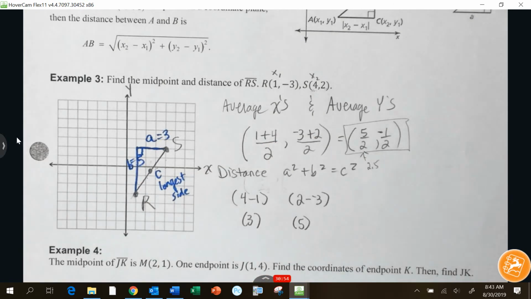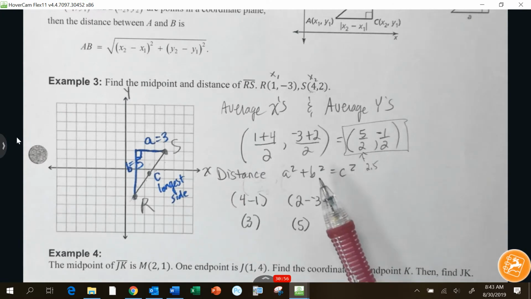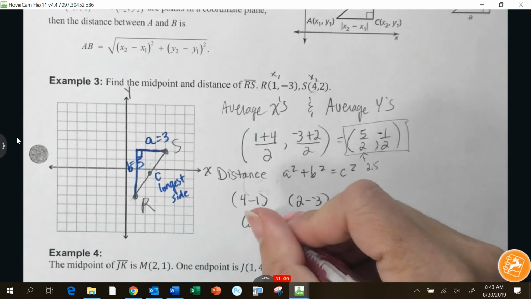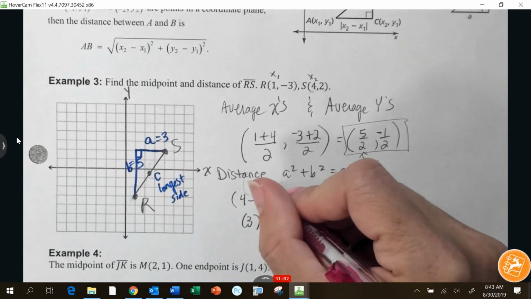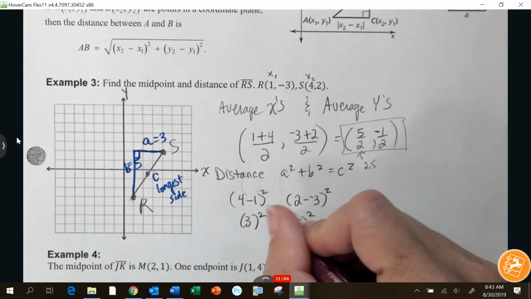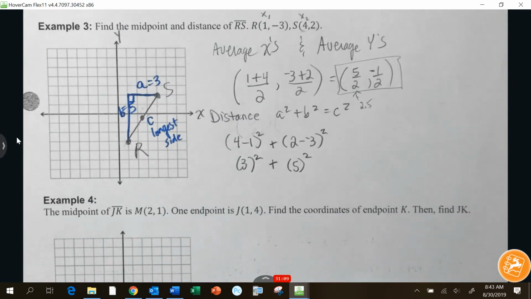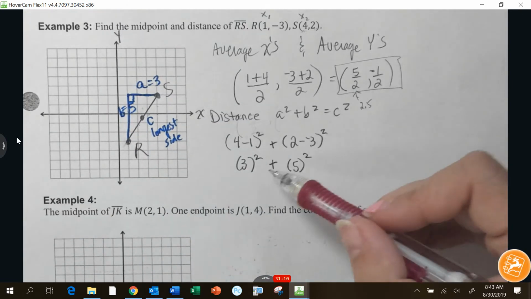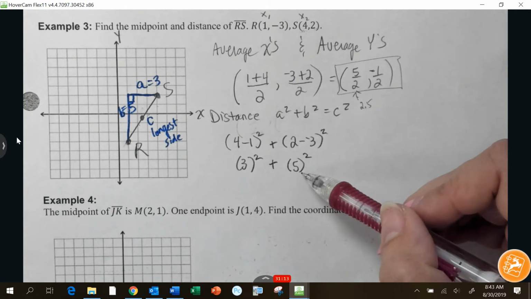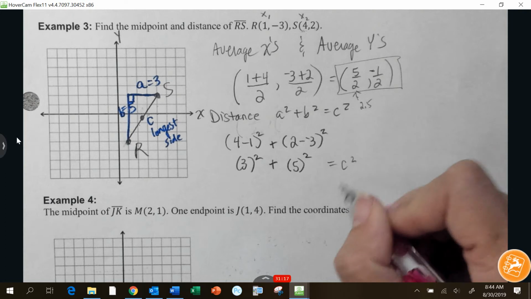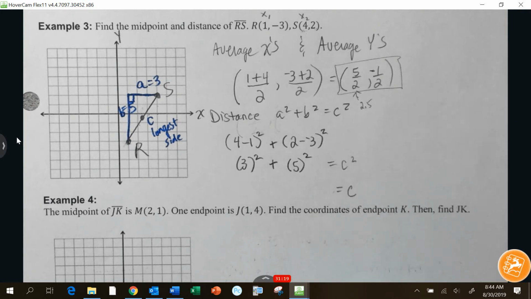So if we were going to do a squared plus b squared, what would I do to the 3 and the 5? Square them and add them. And then after you do 3 squared plus 5 squared, what would you have to do to find c when you're doing the Pythagorean theorem?